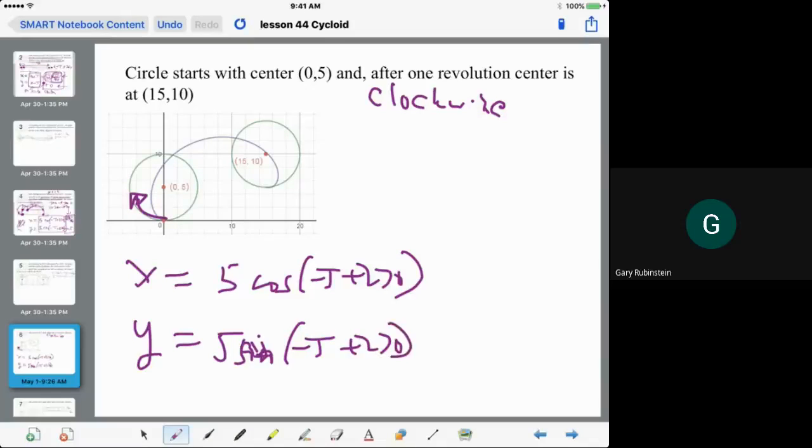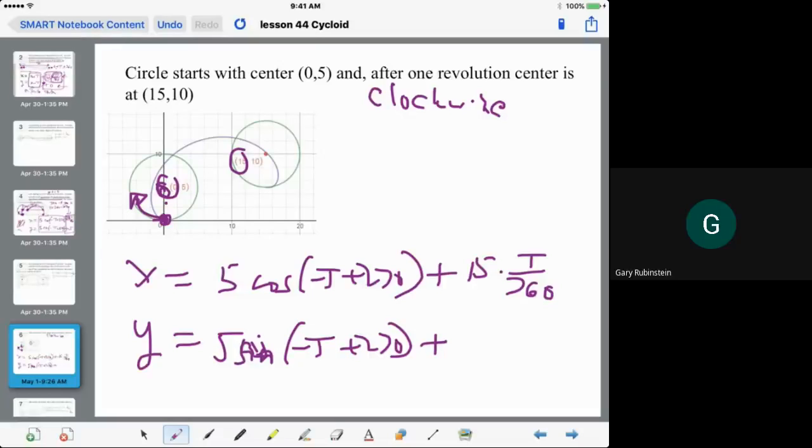That's like this point, it doesn't know that the center is moving. So this point in relation to the center is just doing this. But the center is moving, and it's moving in 2 ways. The x value is going from 0 to 15. And that's why we have 15 times t over 360.